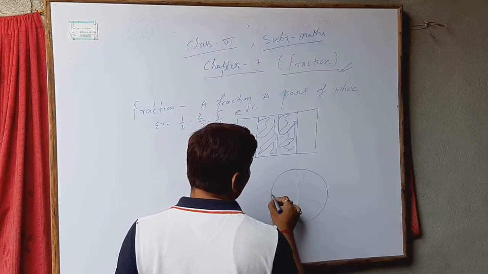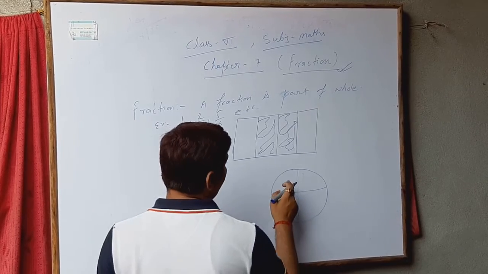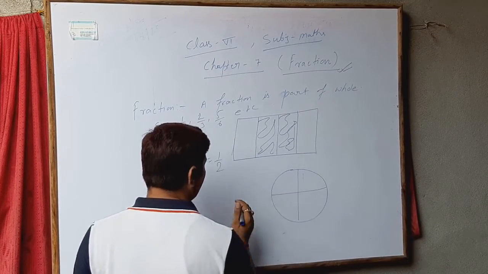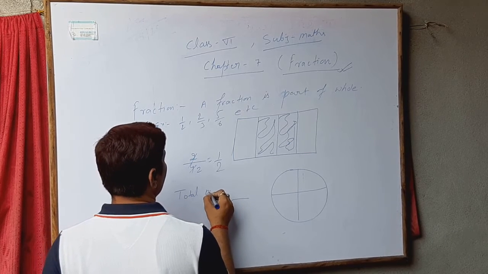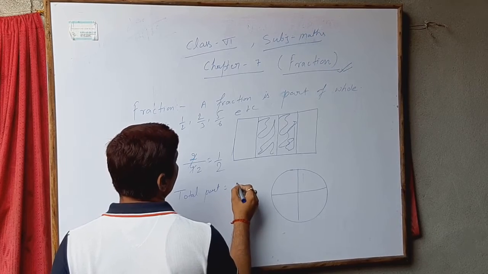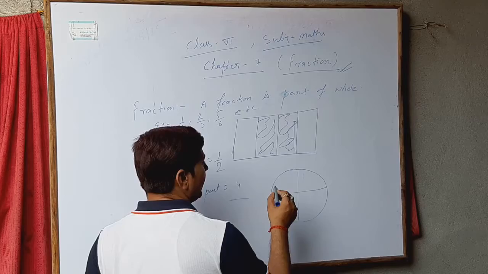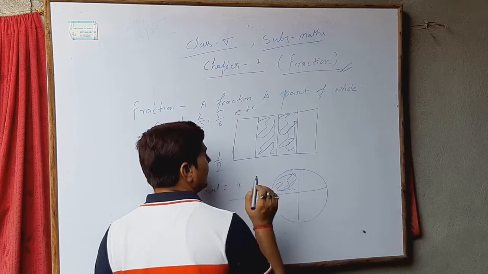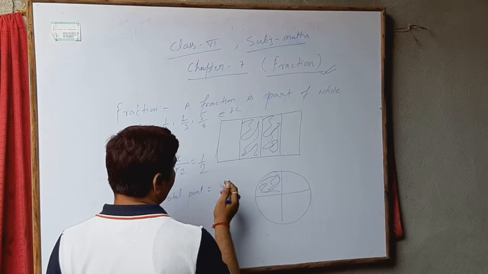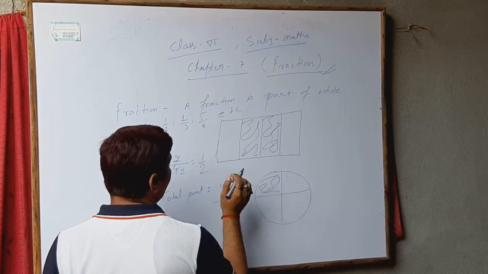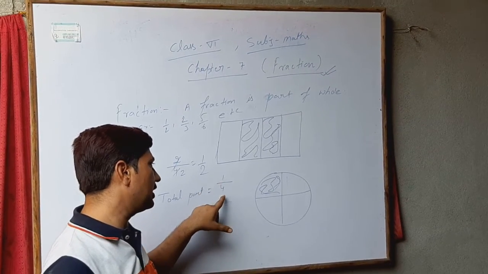Suppose another example, now I am giving you, this is the circle. Now you have divided it into 4 parts. Now you see how many parts it has been given. 1, 2, 3, 4. So now total part is equal to 4. Suppose that one part you have taken, one part you have cut from it. Now if you have cut one part, now we can say 1. Because you have taken one part and this is the total part.